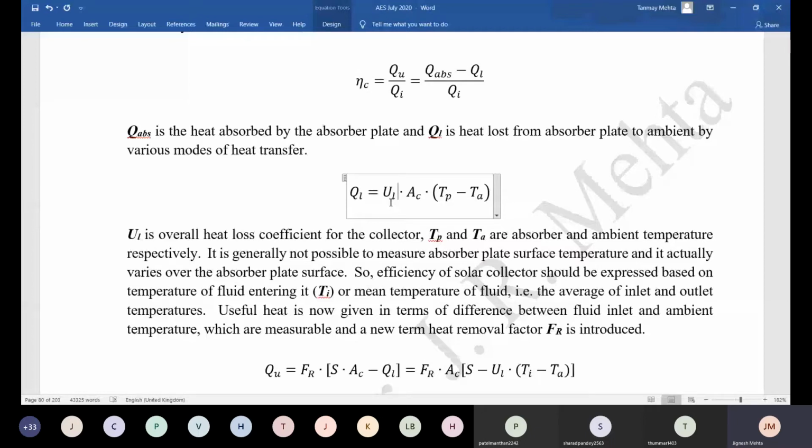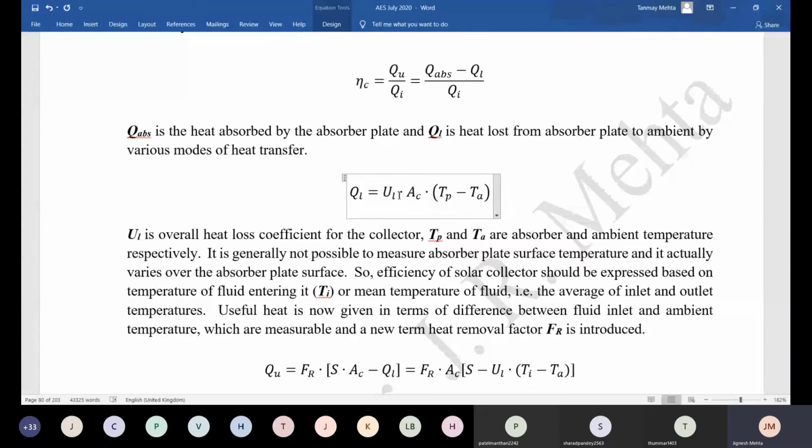UL is an effective heat loss coefficient which combines all different phenomena, convection, radiation, as well as the conduction losses. So you would like to get this value of UL, loss coefficient, for a collector, right?